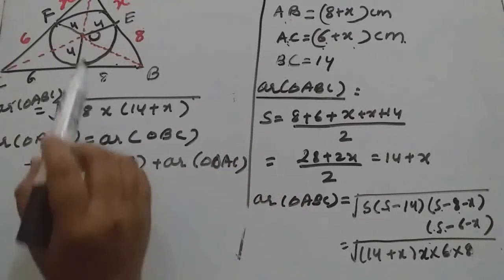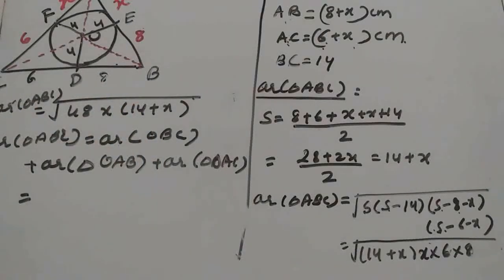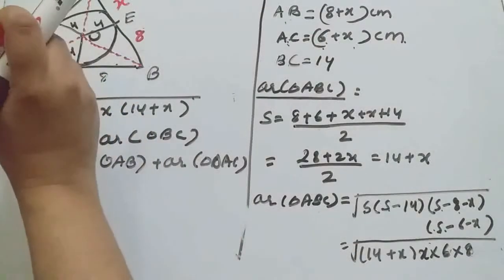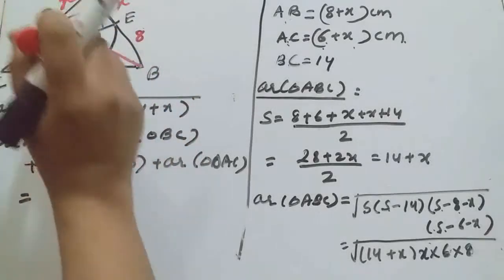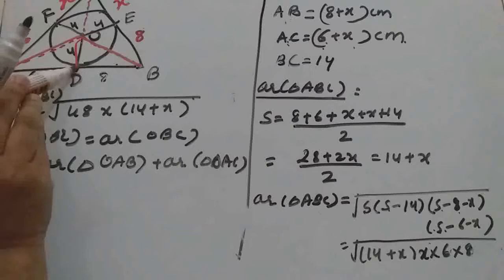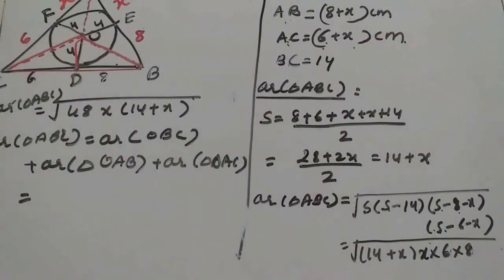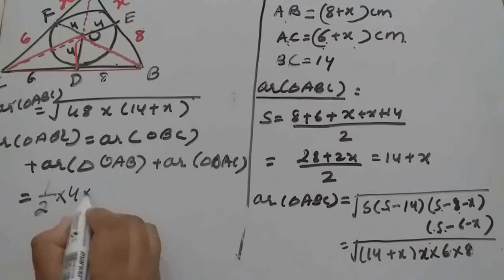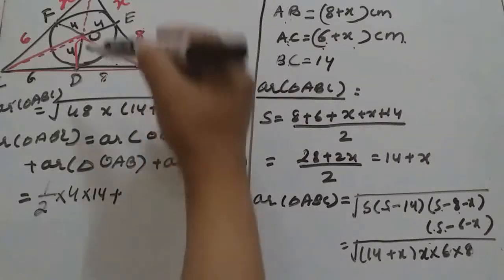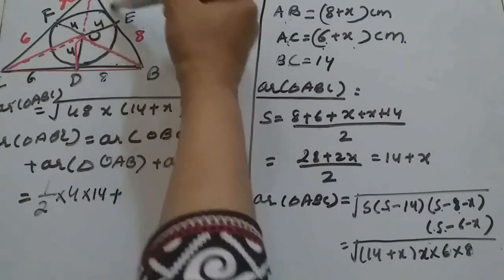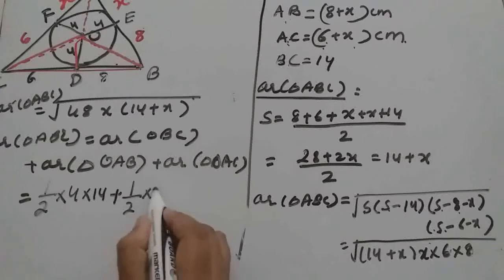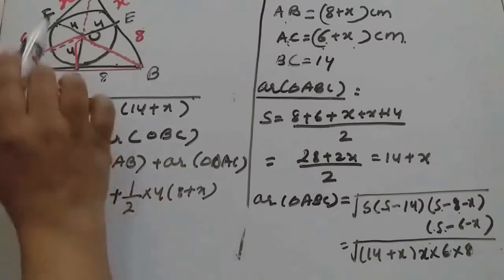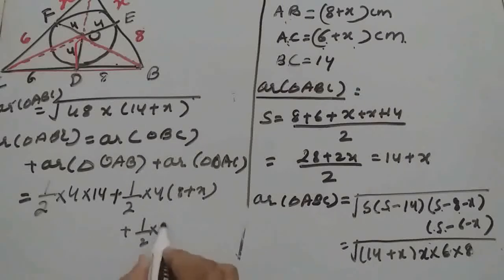In OBC, the height is 4 and the base is 6 plus 8, which is 14, so half into 4 into 14. Plus the area of OAB, which is half into 4 into 8 plus x. And for the area of OAC, half into 4 into 6 plus x.